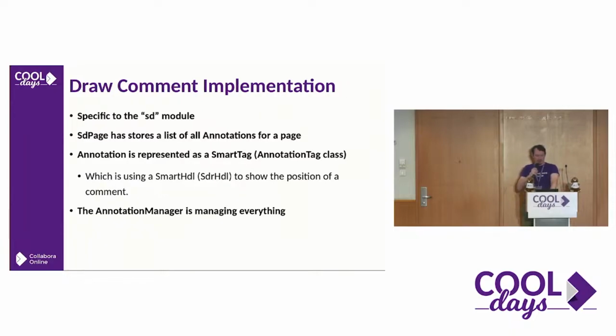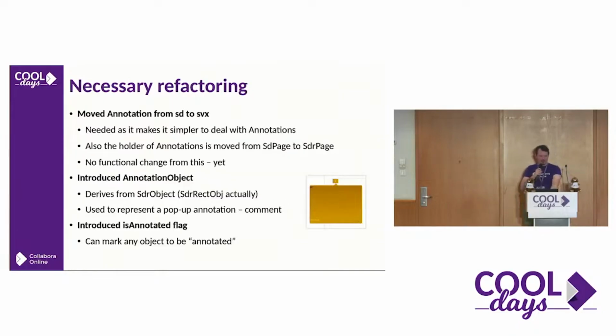So how was this done? I'm not going to go into a lot of specifics, but the implementation was done inside the SD module, inside SD page, which stored all the annotations, and what I had to change is to move all this to the SVX module and onto the global SdrPage objects.